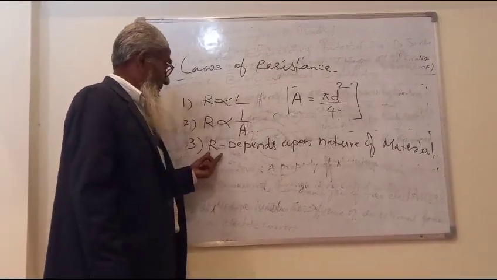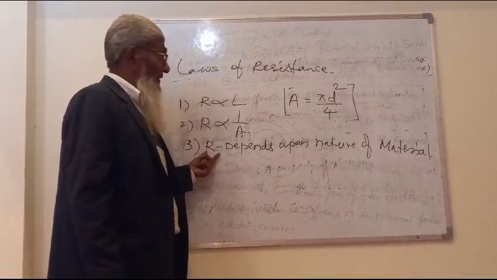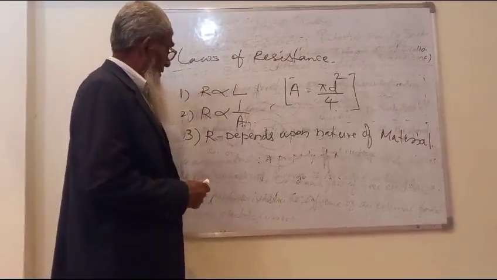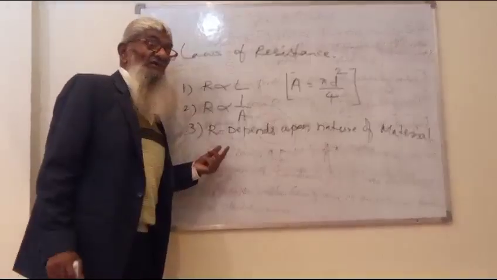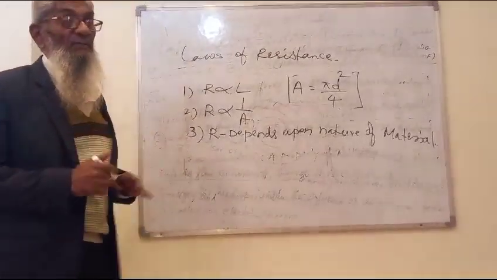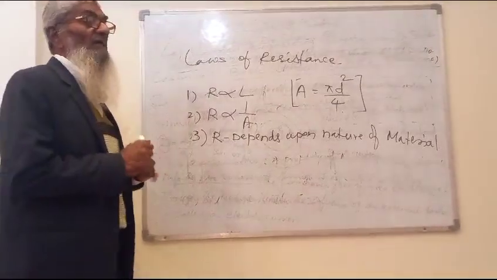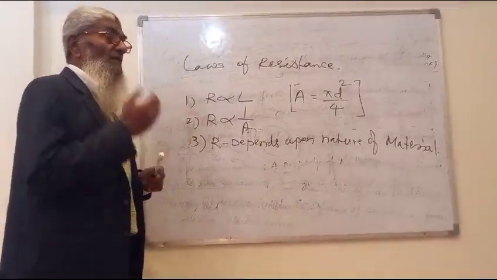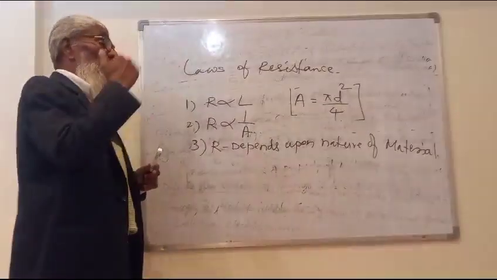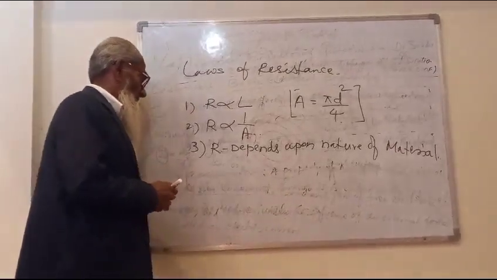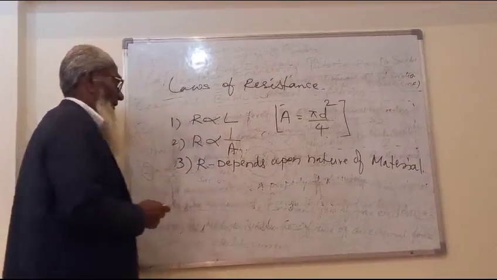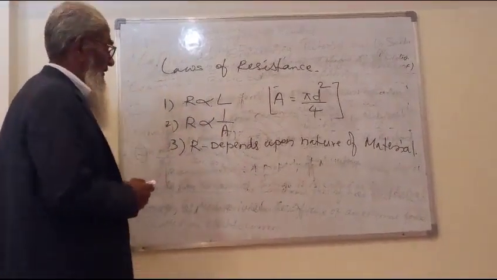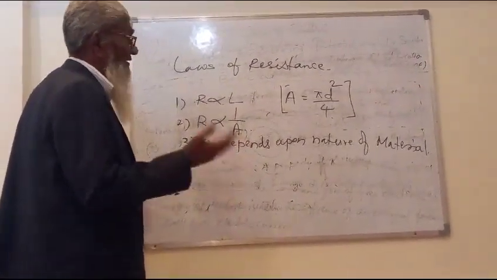Now the third law will be implemented to every material. The meaning is resistance will be varying from material to material. It is not constant for a particular material. So material will be having their own resisting properties. So that's why it is told that it depends upon the nature of the material, because it is varying.